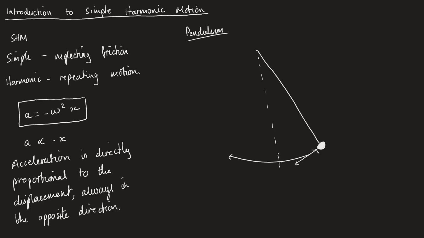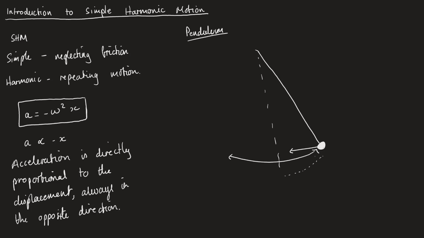In fact, everywhere along this side, it will have accelerated in the opposite direction. So if we just put it as horizontal and vertical, it's going to accelerate in this direction, because as it starts to move in this direction to begin with, it's slowing down, which means it's accelerating backwards to the way it came.